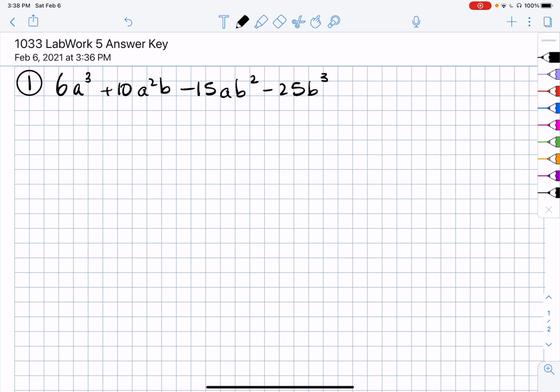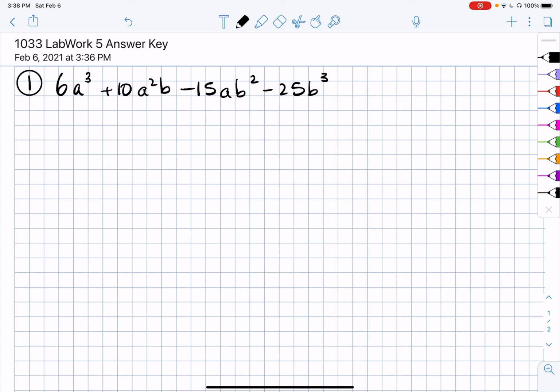Okay, so I have three terms, so I have to do the AC method. A times C is equal to 5 times 21, which is equal to 105, and my B is going to equal negative 38.